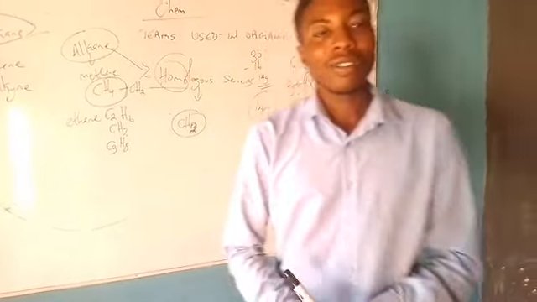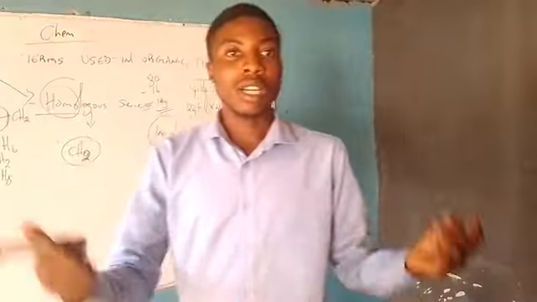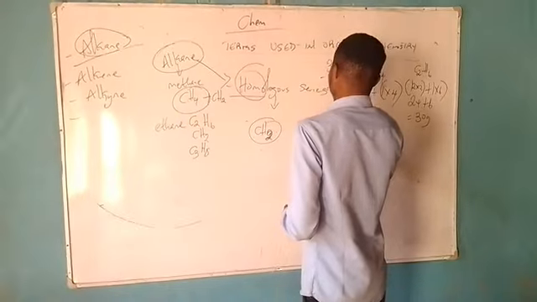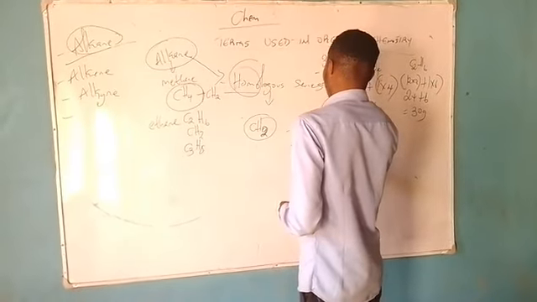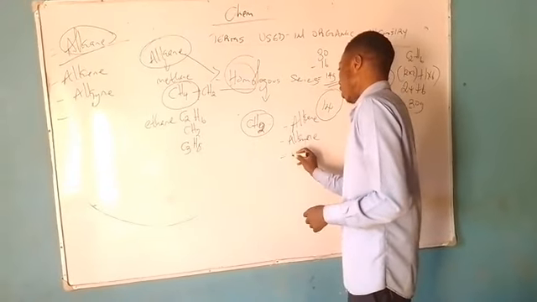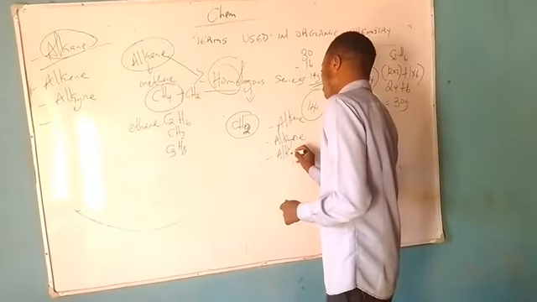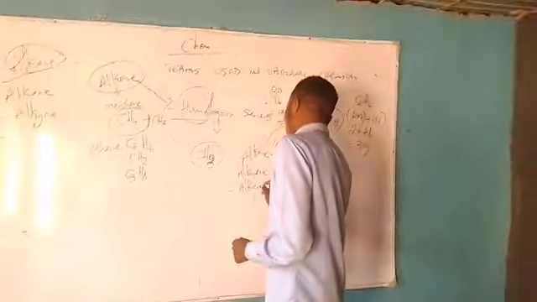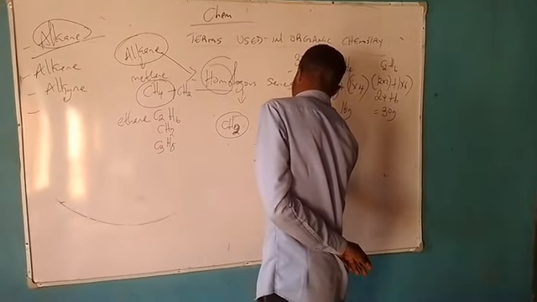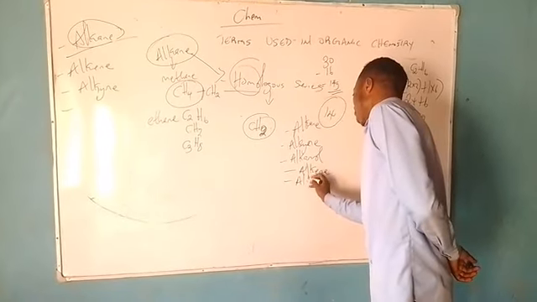So let's now list the homologous series we have. I'm just going to give a few. We have homologous series like alkane, alkyne, alkanol, alkene, and alkanoic acid.